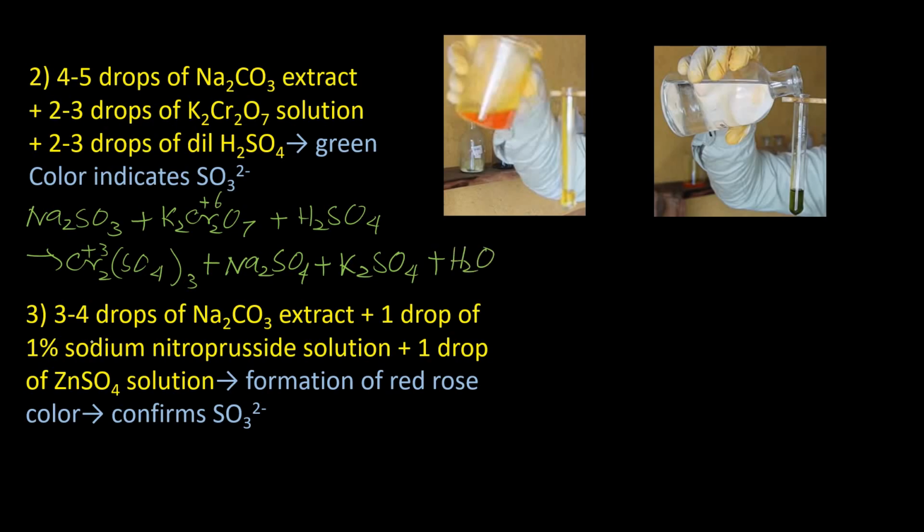Okay. Now the next is 3 drops of sodium carbonate extract plus 1 drop of 1% sodium nitroprusside solution plus 1 drop of zinc sulfate. You'll get the rose red color. What is this reaction? I'm taking sodium sulfide plus sodium nitroprusside, Na2[Fe(CN)5NO].